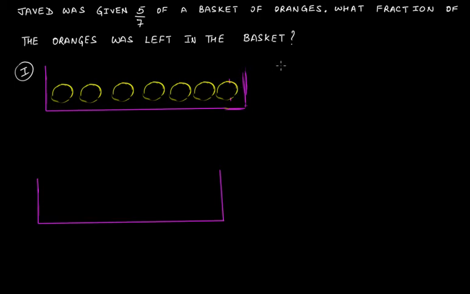That means that if we give 1, 2, 3, 4 and 5, if we give 5 oranges to Javed, then 5 by 7, 5 over 7 is the fraction that has been given to Javed. What fraction of oranges is left? Since we have only 2 oranges left, therefore 2 by 7 or 2 over 7 is the fraction that is left now, and that's what our answer is.